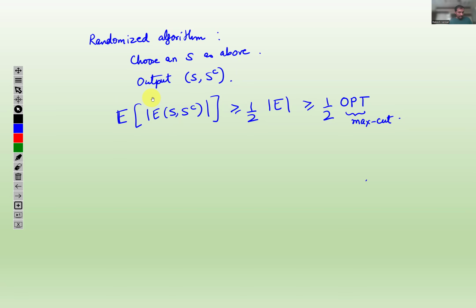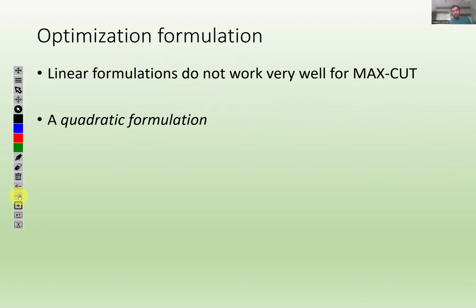I think I have around half an hour, which will be just about right for going over the Goemans-Williamson algorithm. Good. Now, what we saw was an approximation algorithm for MaxCut that did not really use an optimization formulation yet.